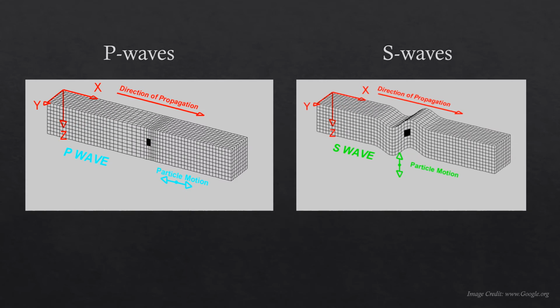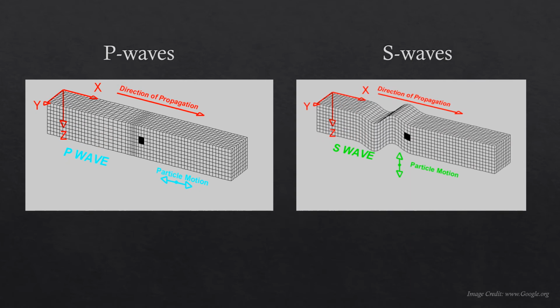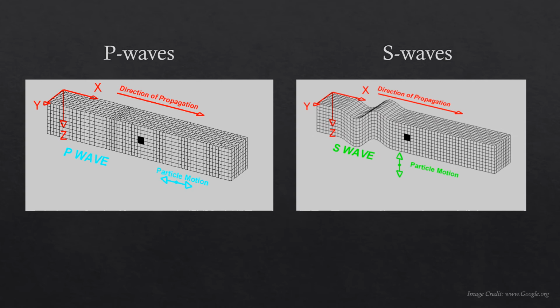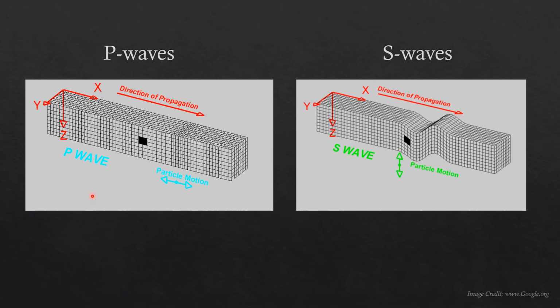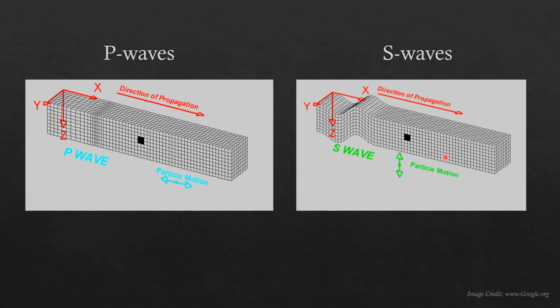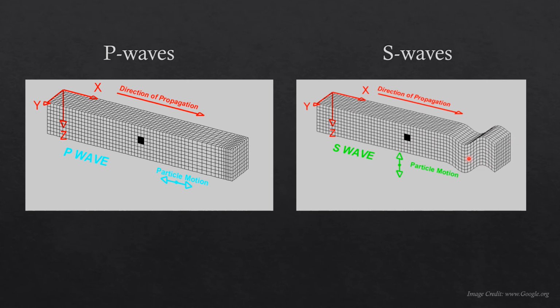Scientists use this information to help them determine the structure of the Earth. For example, if an earthquake occurs on one side of the Earth, seismometers around the globe can measure the resulting S and P waves. As you see, the P wave on your left image is showing a compressional wave, while the S waves on the right image is showing your shear waves.